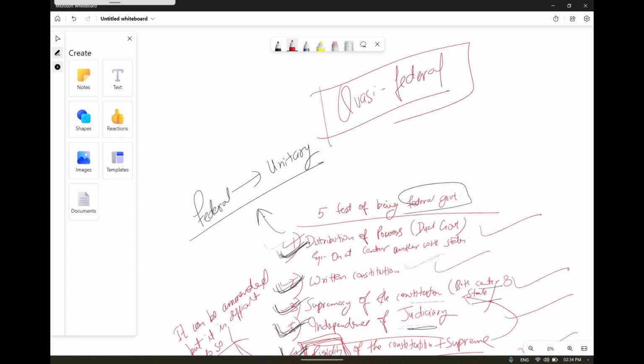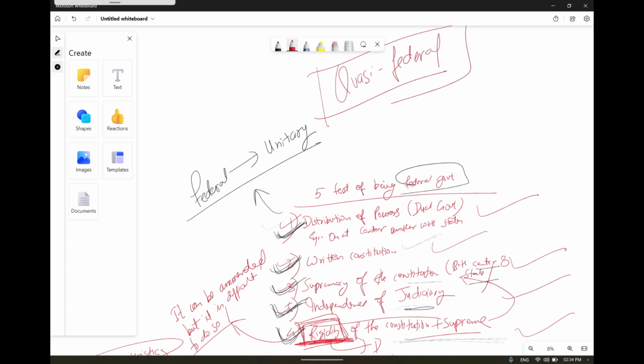So these are some criticisms. But whenever we are discussing whether the country is federal or not, our country is not federal. Our country is called quasi federal. The president has the power to remove a judge of the Supreme Court on the basis of a resolution passed by the parliament.